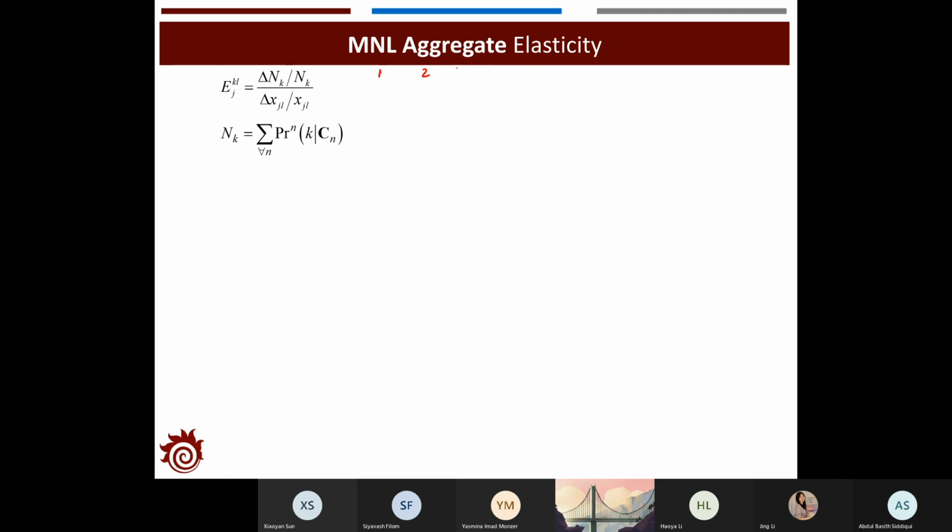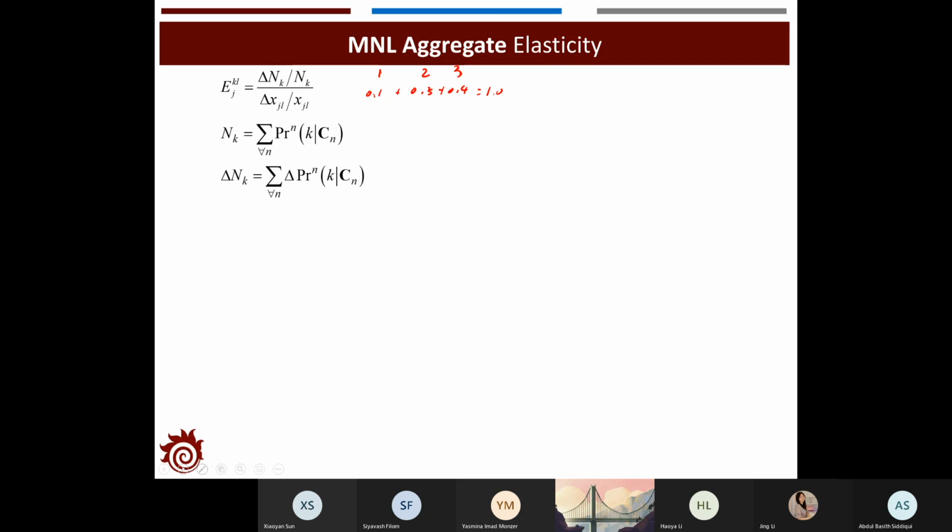I'll just say individuals 1, 2, and 3: 1 is 0.1, 2 is 0.5, and 3 is 0.4. If we add them together, that will be 1. So the expected number of trips from these three individuals will be 1. And you can also calculate the expected number of trips for the other individuals.